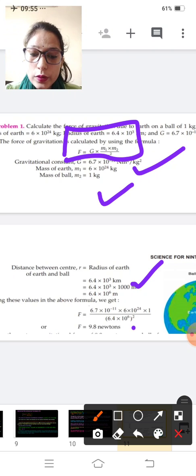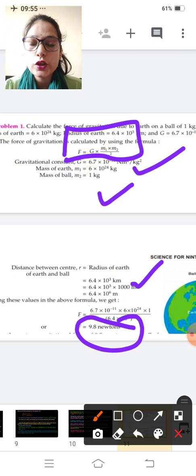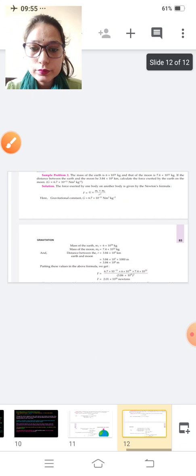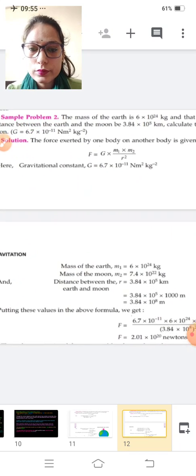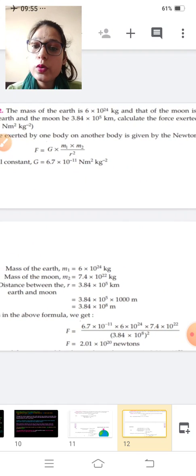When you solve it, you will get 9.8 Newtons. I will tell you this calculation in live classes if you don't know how to solve these powers, okay? The mass of the earth is 6 into 10 to the power 24.